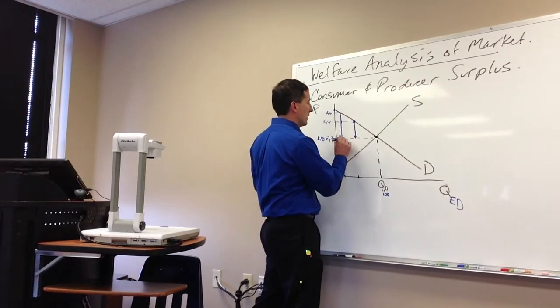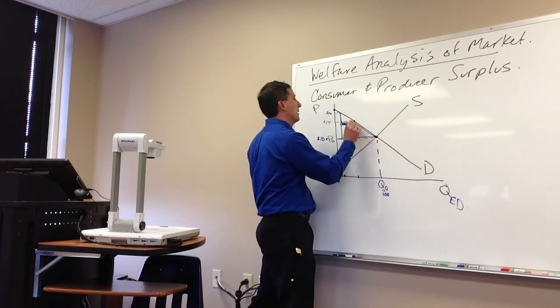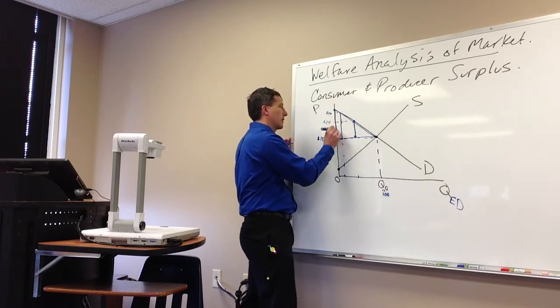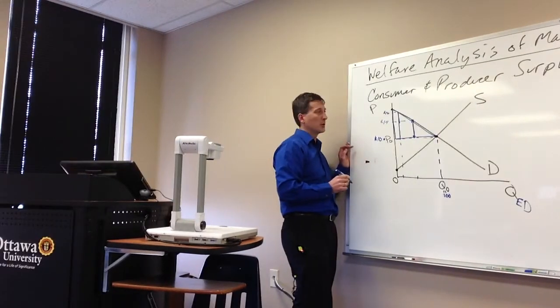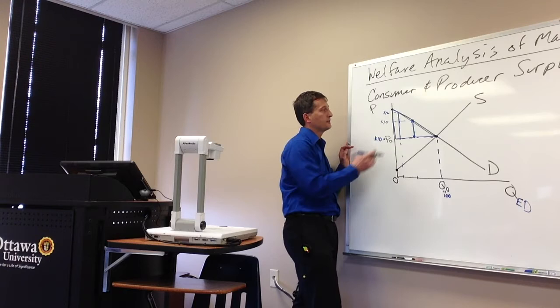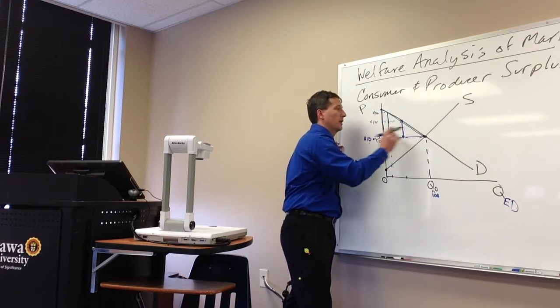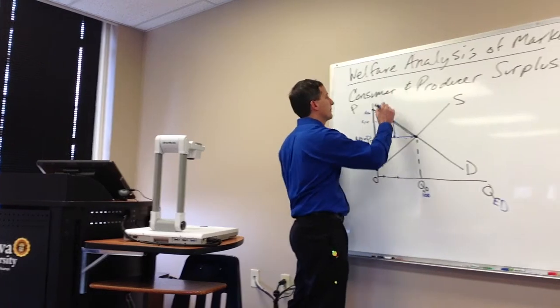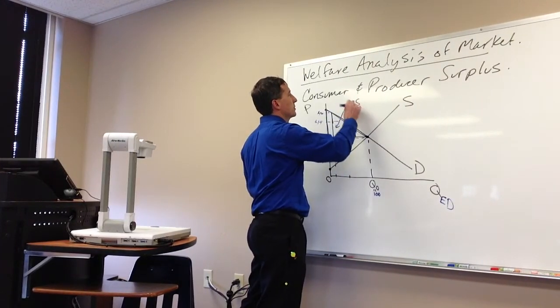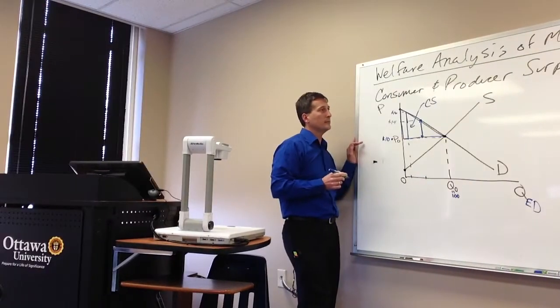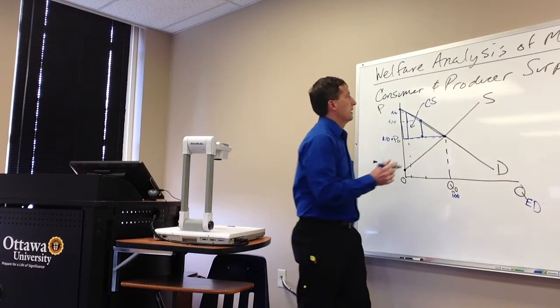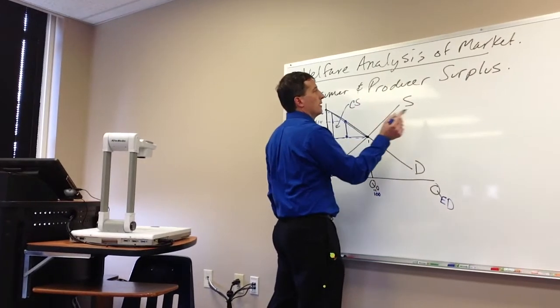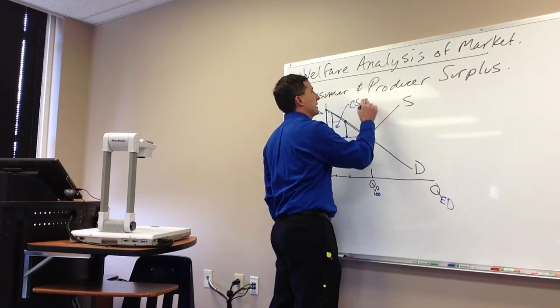All right, so if we add up all of the consumer's surpluses for individual units, it will look like this triangular region here. So that is consumer surplus. And the one thing we might put on here, I guess, is one note.